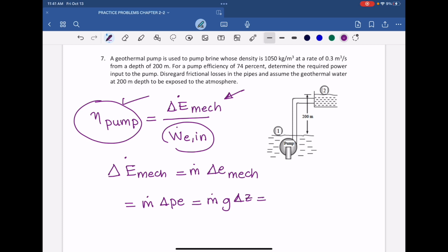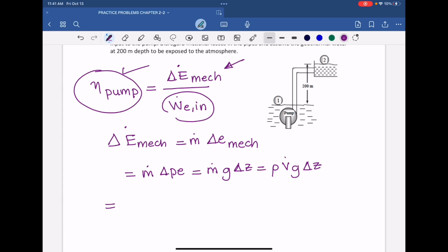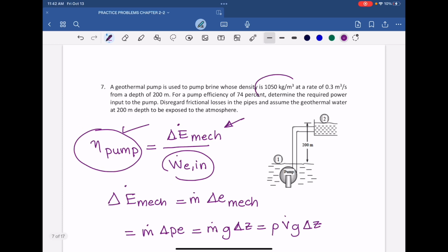which is basically 200 meter in this case, and then mass flow rate is of course density times volumetric flow rate times g times delta z. Okay, so we can plug in the information we know, because we know density, they give it to us, right?